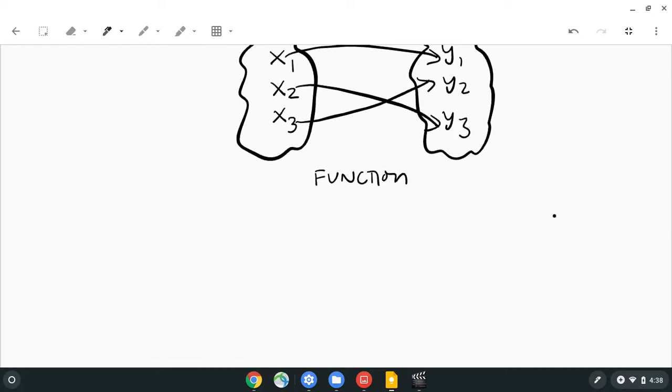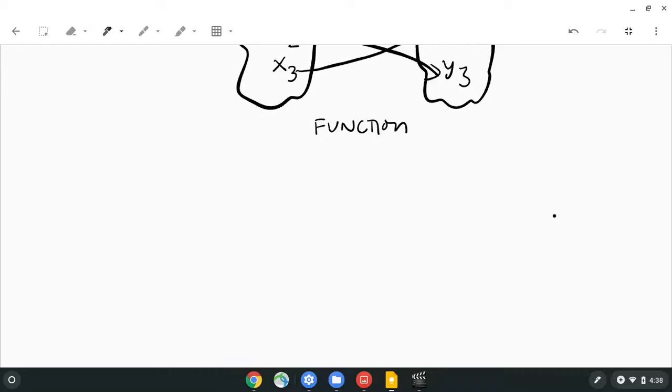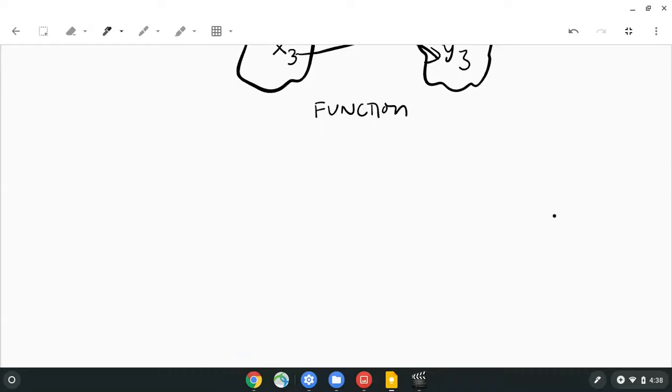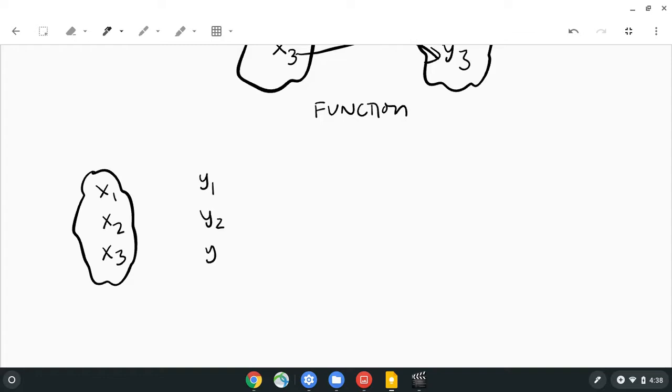Okay, so let me give you an example of what a function is not. Okay, so suppose that I have these x values here, right? And suppose that I have these y values over here. Okay, so I have these two sets.